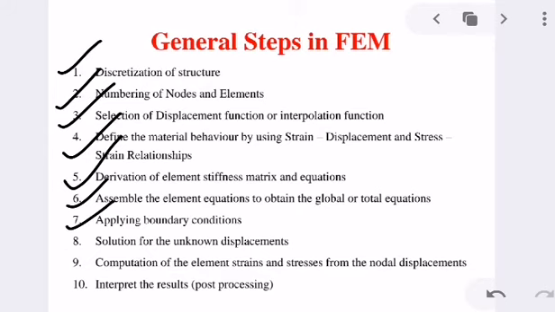By applying boundary conditions, we will get some unknown displacements, and by getting the solution for those unknown displacements, we can compute elemental strains and stresses from the nodal displacements, and at last we will interpret the results. These are the general steps involved in FEM.